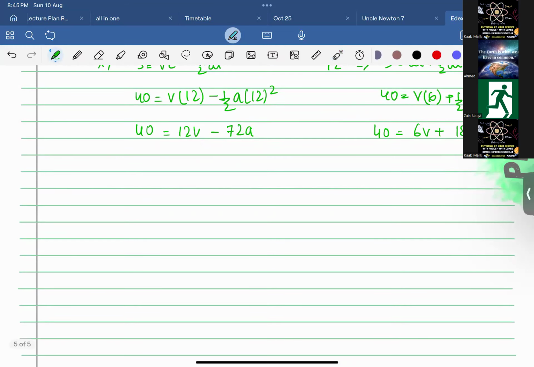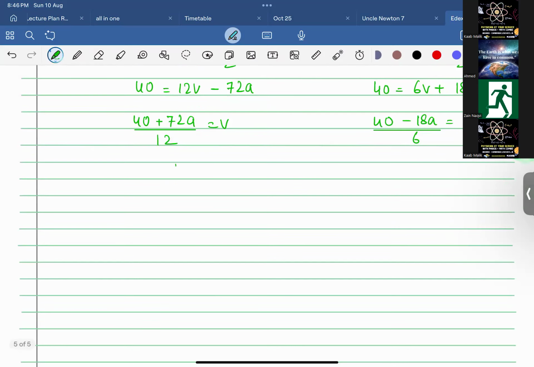Okay, so since you are interested in acceleration, make v the subject and then just solve it. 40 plus 72a over 12 equals v. And 40 minus 18a is equal to v over 6. Just equate the two velocities.